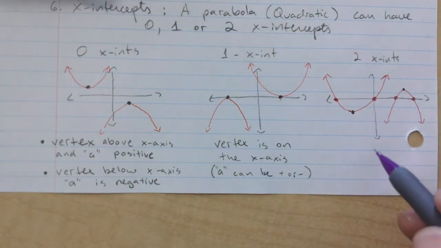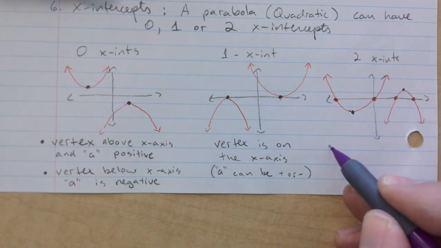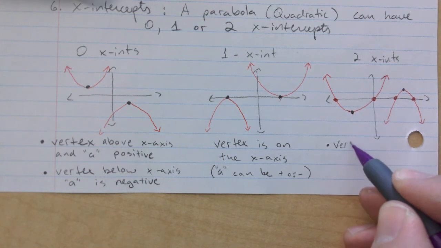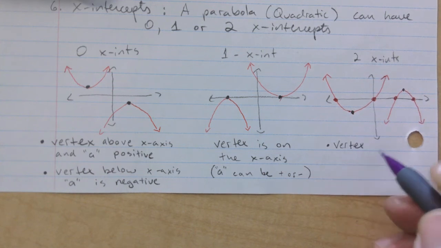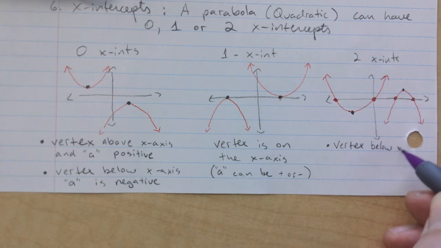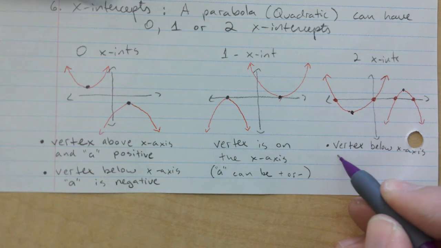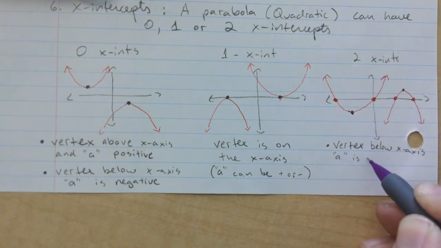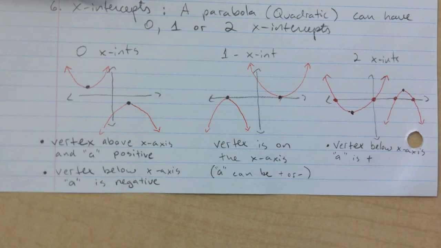And then the last one, let's just see, right? Vertex below x-axis. A is positive, okay?